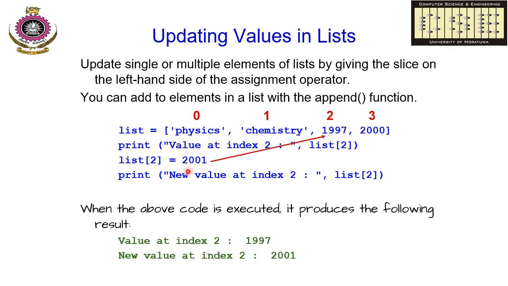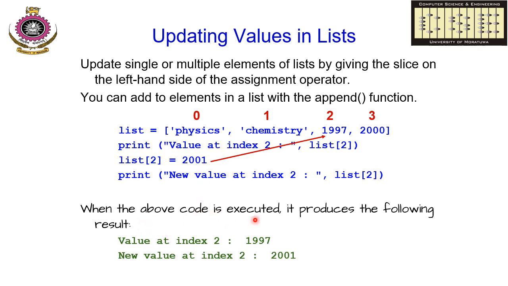Once this code line is executed, the item at index 2 will be updated to the new value, which is 2001. So the expected output when we execute the line again to print the value of index 2 is that it has to give us the updated value.